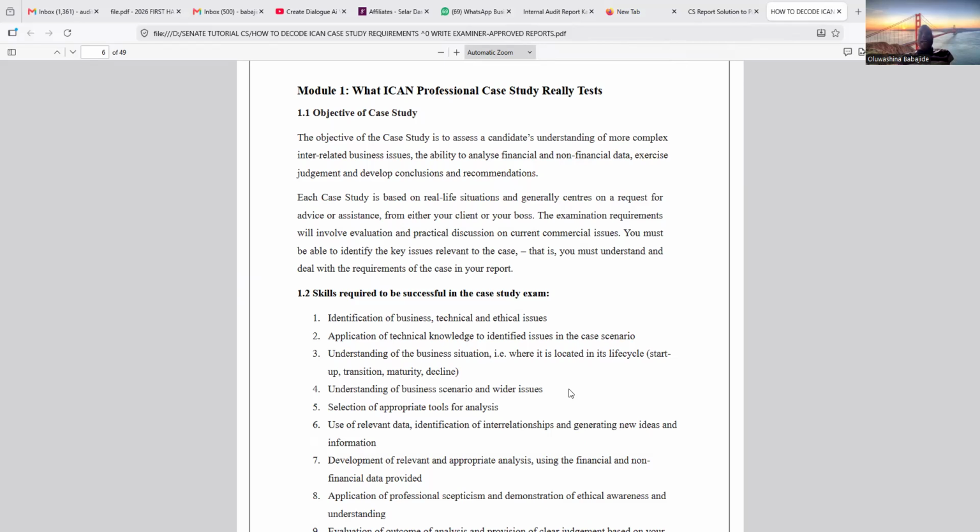Then what are the wider issues? When you talk about wider issues, you are asking what happened to company A, company B, company C in that same industry. What common things happen to them? That is the wider issue.